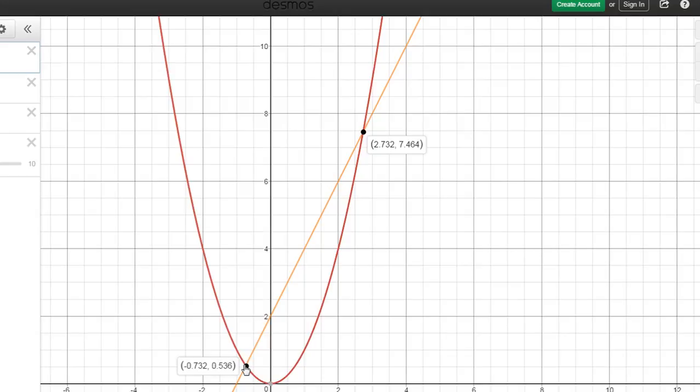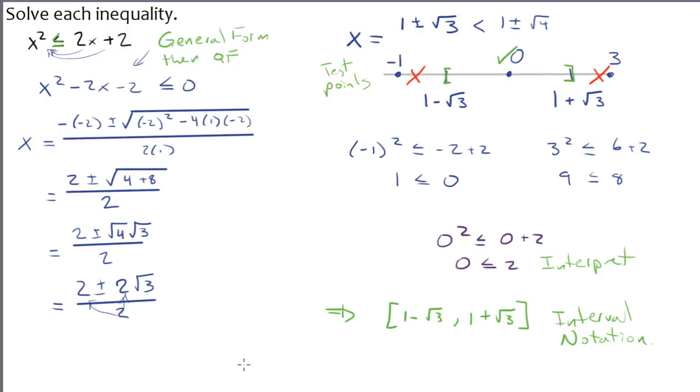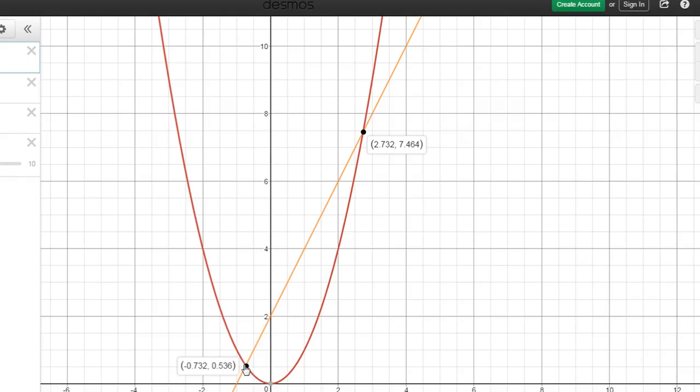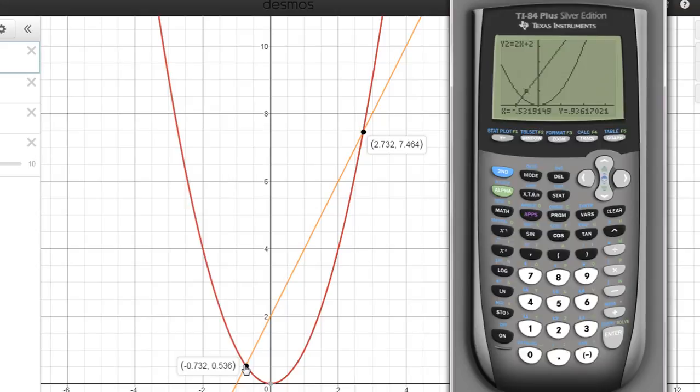What it's not doing for us is giving us those exact values, which are the values with the square roots in them, like 1 minus the square root of 3, 1 plus the square root of 3. So we're still using algebra, using the quadratic formula to find the exact roots. But a tool like this can do a very good job of finding the approximate roots. The calculator could probably, if we tried, find the exact roots too.